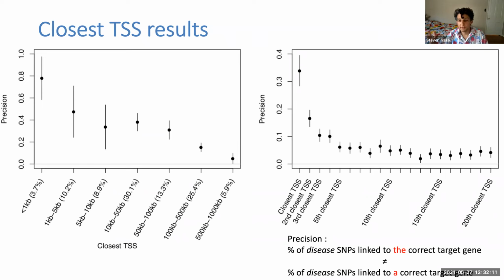And the last interesting thing, sorry, is that when you correct the precision for this 4% random baseline, then you estimate that around half of the causal SNPs target a gene which is close by.